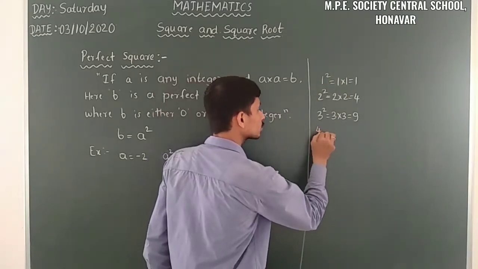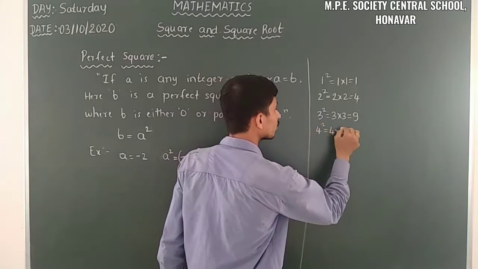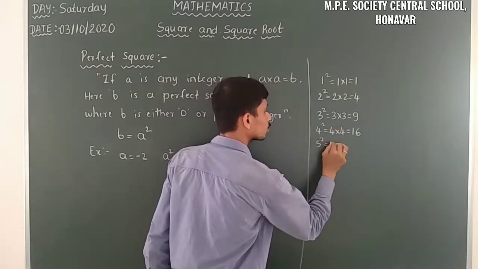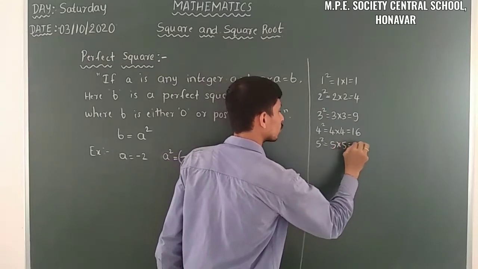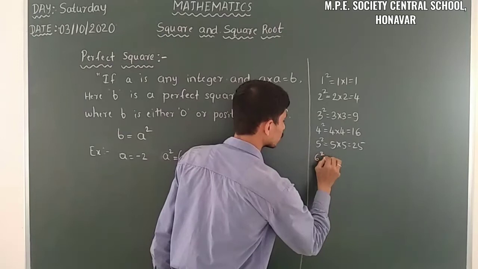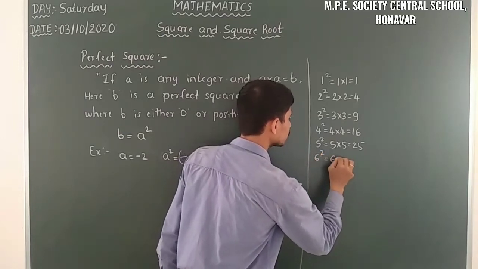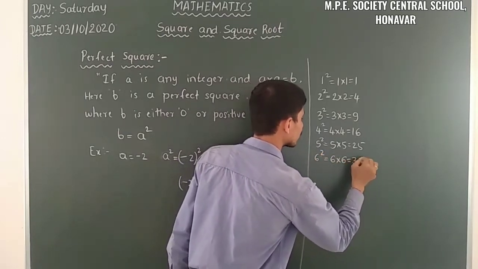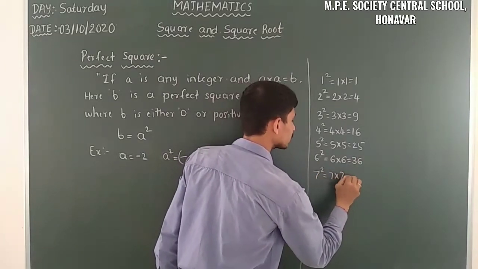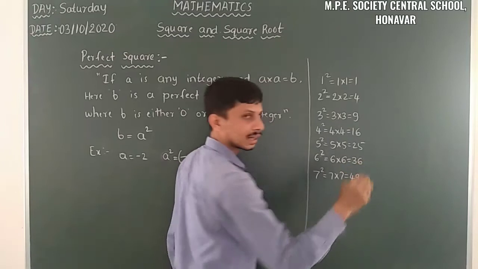So that is 4 squared is equal to 4 into 4 is equal to 16. Then 5 squared is equal to 5 into 5 is equal to 25. Then 6 squared is equal to 6 into 6 is equal to 36. Then 7 squared is equal to 7 into 7 is equal to 49.